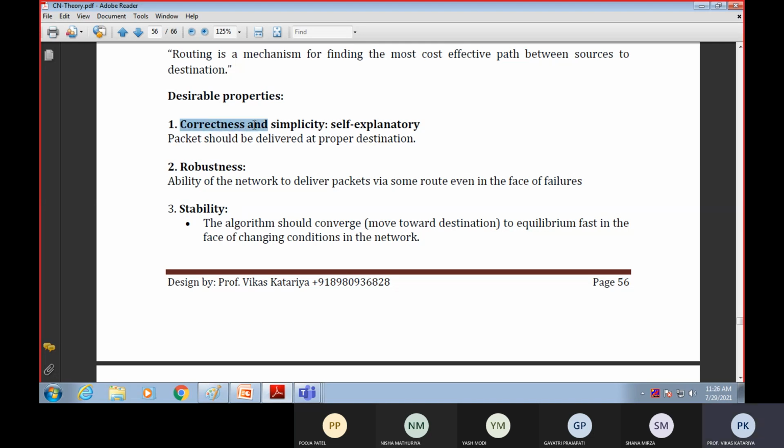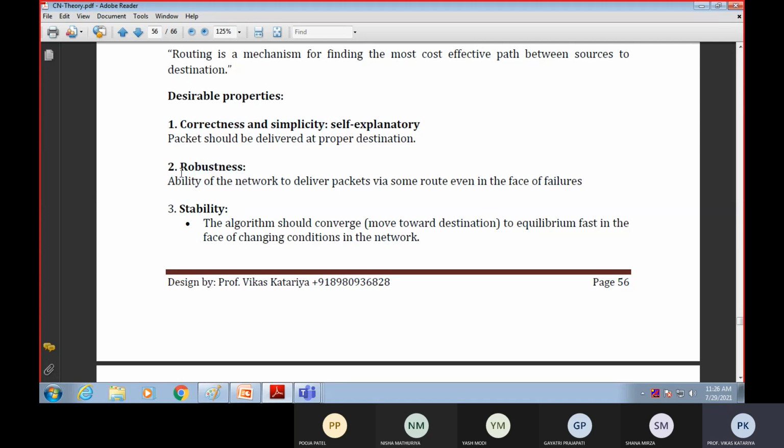If we have designed a wrong algorithm, it does not make the correct path, and then we cannot be sure our packet will reach the right destination. If you put in wrong IP addresses, again the routing algorithm will not work properly. So packets should be delivered at the proper destination.